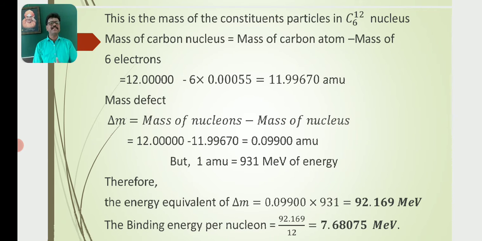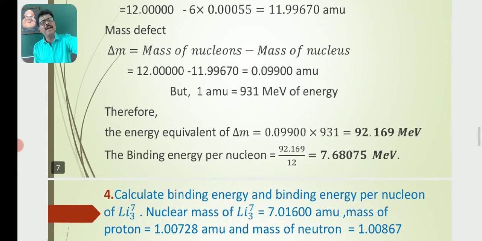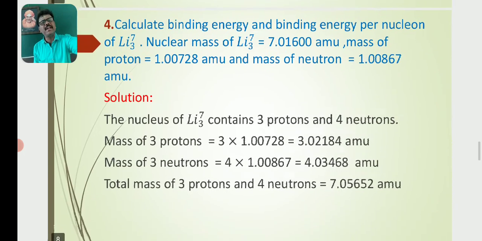Here 7.68075 mega electron volt is the specific binding energy of the nucleon in the carbon nucleus. That means 7.68075 mega electron volt, that much amount of energy is required to remove a nucleon from the carbon nucleus. So, binding energy and specific binding energy.